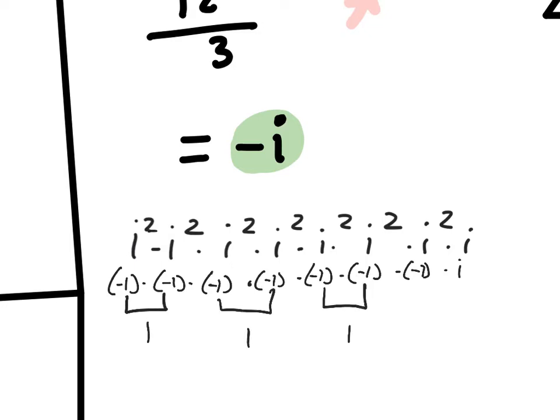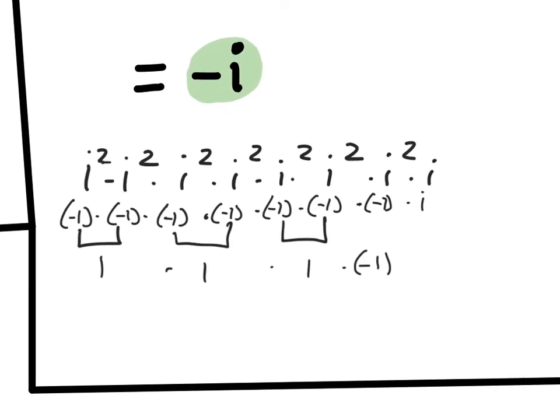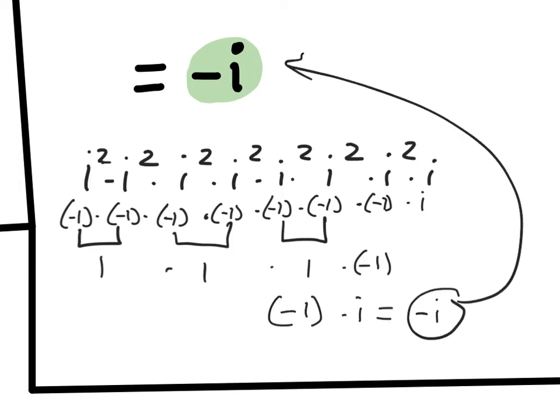These negative 1s become 1. And then we get times negative 1. So 1 times 1 times 1 times negative 1 ends up as negative 1 times i, which ends up as negative i. Same thing that I told you it was going to equal just by dividing by 4, but that's a much longer way of doing it. Will it work that way? Sure it will, but you're always taking the long route that way.